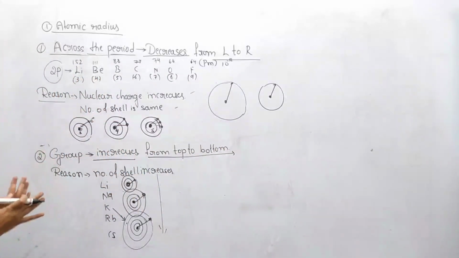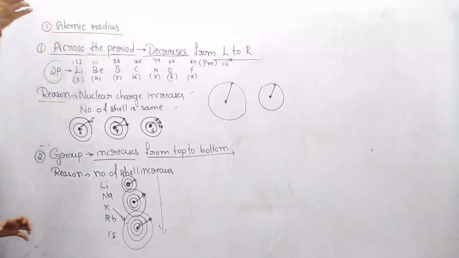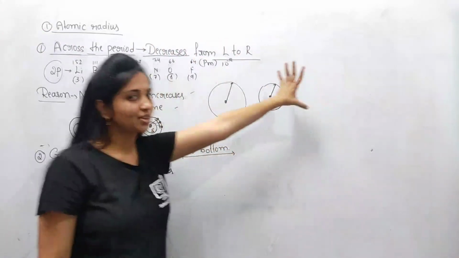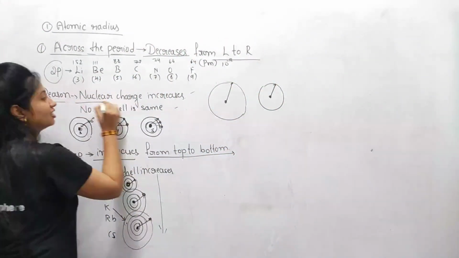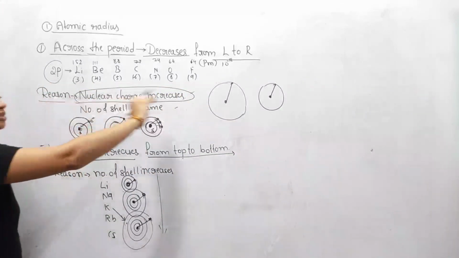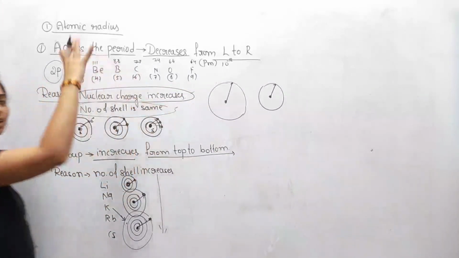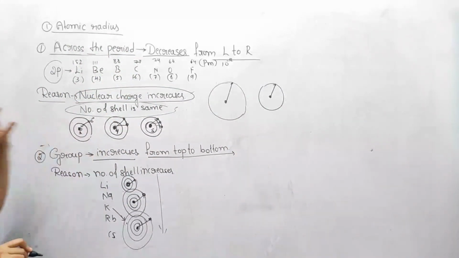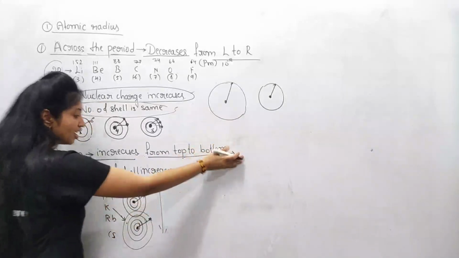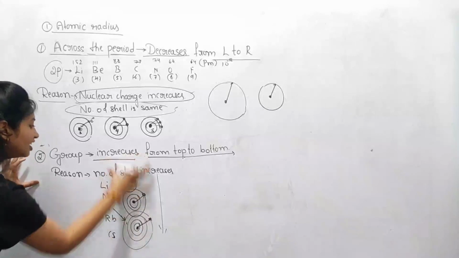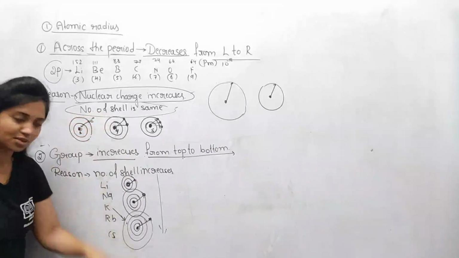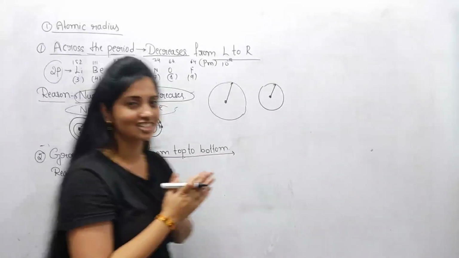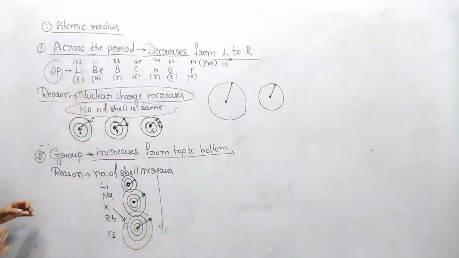Just remember this trend: the atomic radius decreases across the period from left to right of the periodic table because the nuclear charge increases along the period and the number of shells is the same. And the atomic radius increases along the group from top to bottom because the number of shells increases as we move from top to bottom. So these are the reasons, and this is the trend of the atomic radius or atomic size.